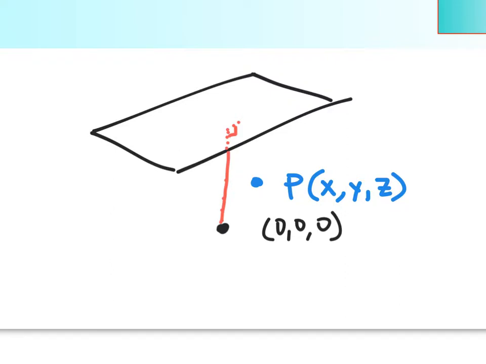So how would I find the distance from that point to this plane? Draw another normal. What I can do is find this distance to the origin. I can also find this distance from the origin. How would I do that?